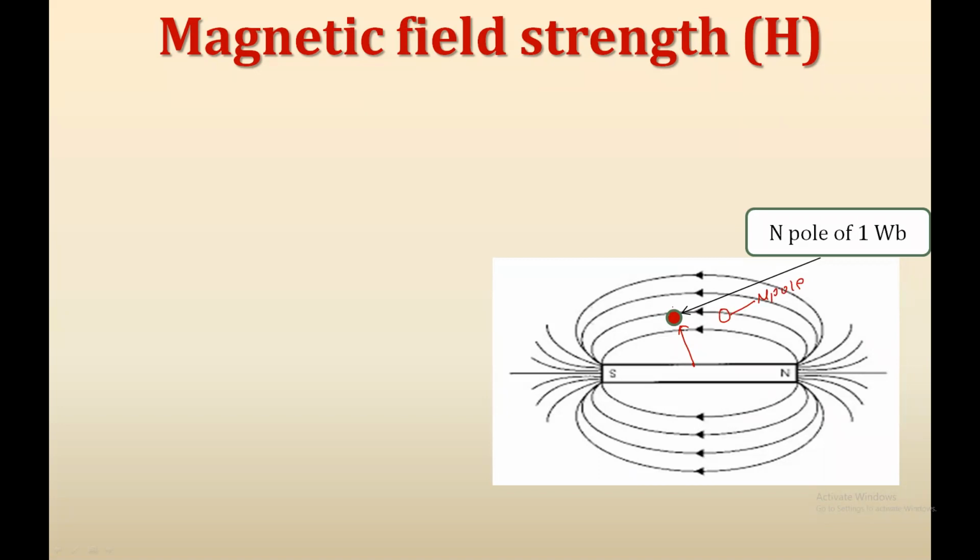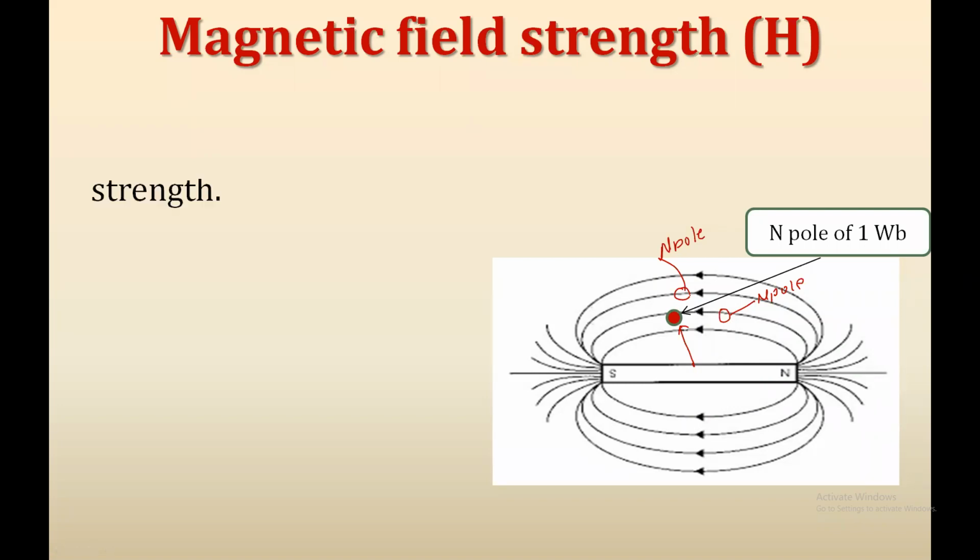But if I take another line and consider an N pole there, then definitely the magnetic field strength here and the magnetic field strength here are different. These are the things I wanted to discuss with you. Is it clear? Yes or no?